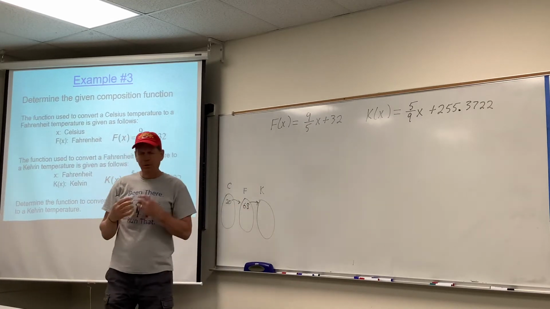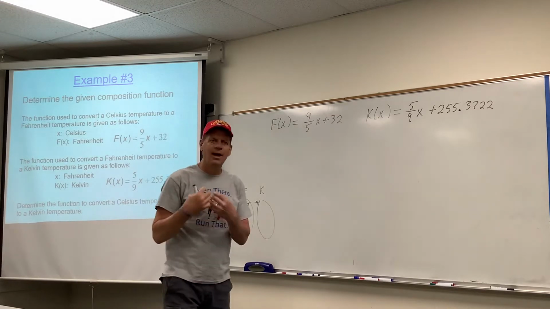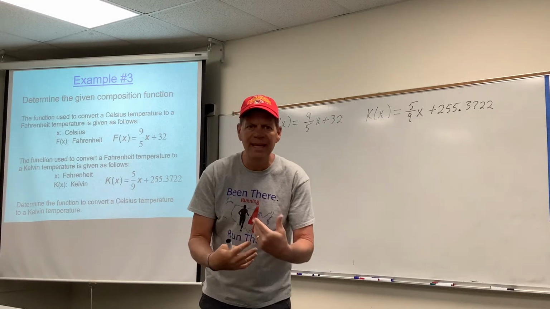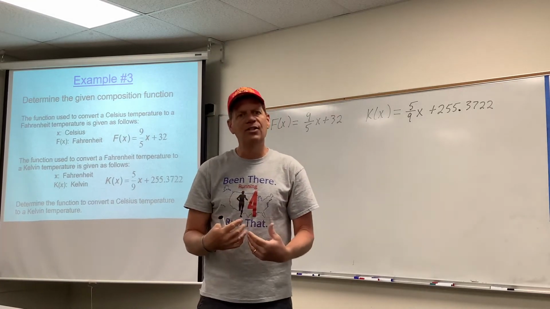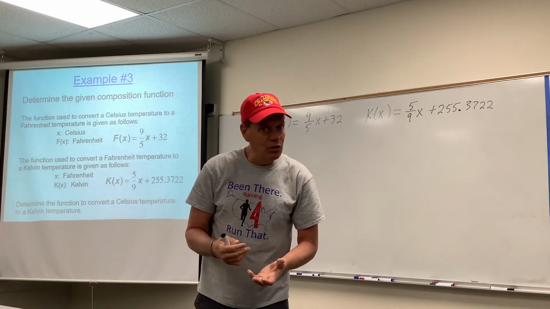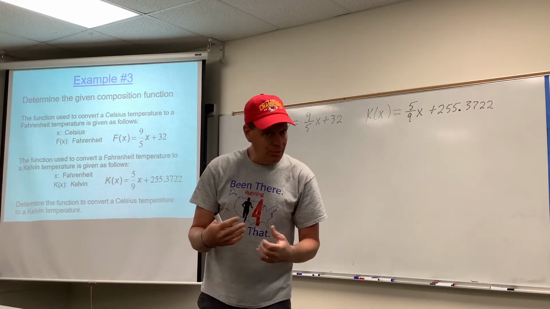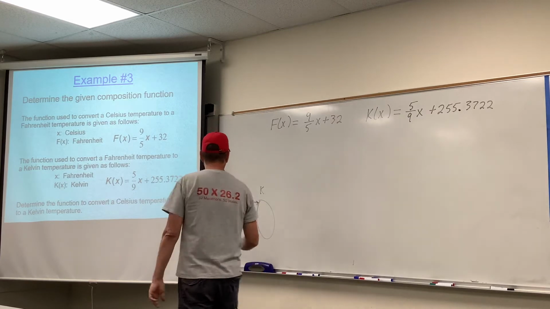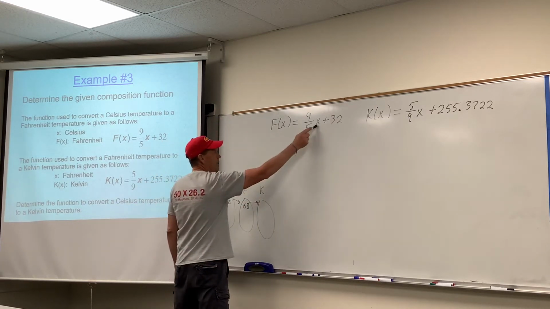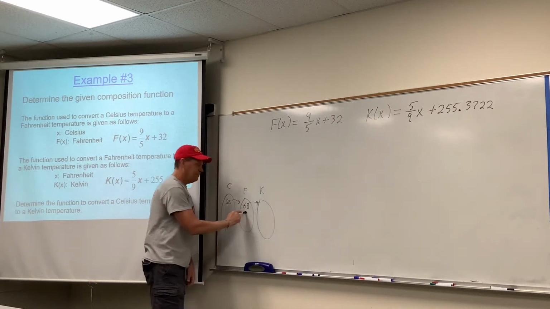Now look, the example with the numbers is not in the problem. This is just to get you thinking about why this process we're about to enjoy is of benefit to people. So, if the temperature was 20 Celsius out, you'd have to put that in there and crunch it and change it to a Fahrenheit, all right?